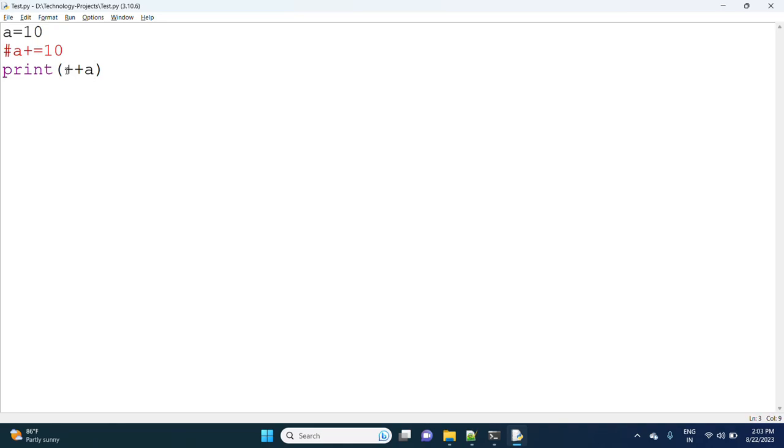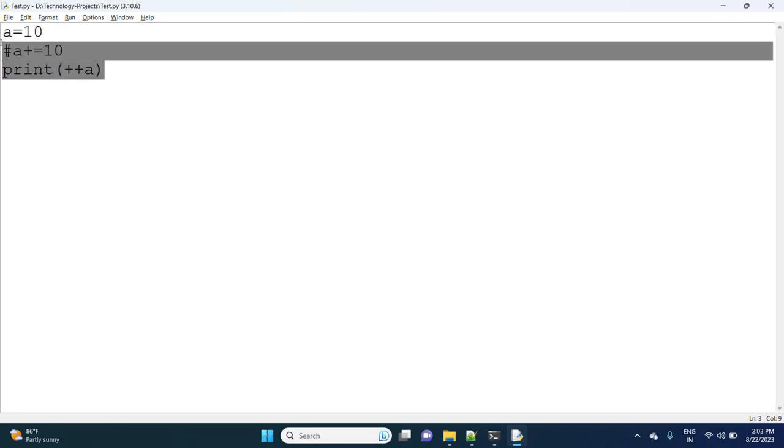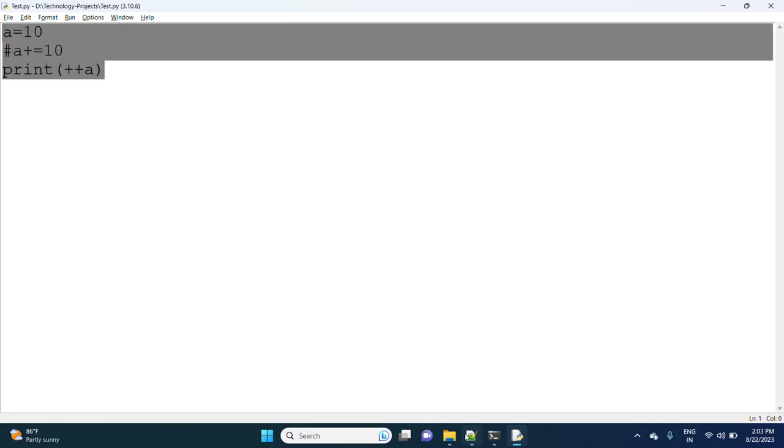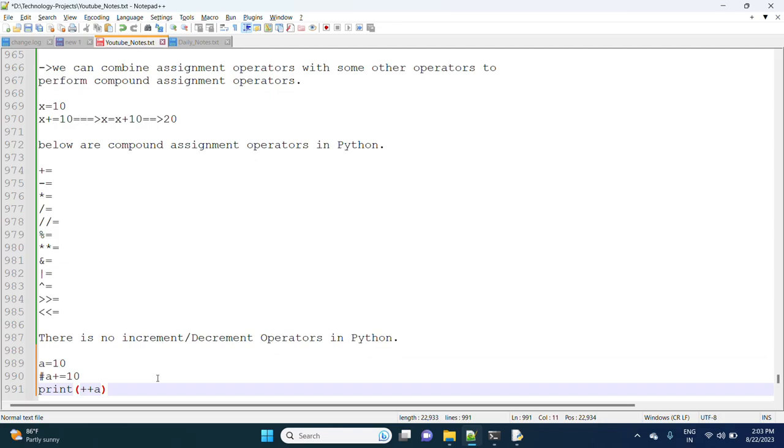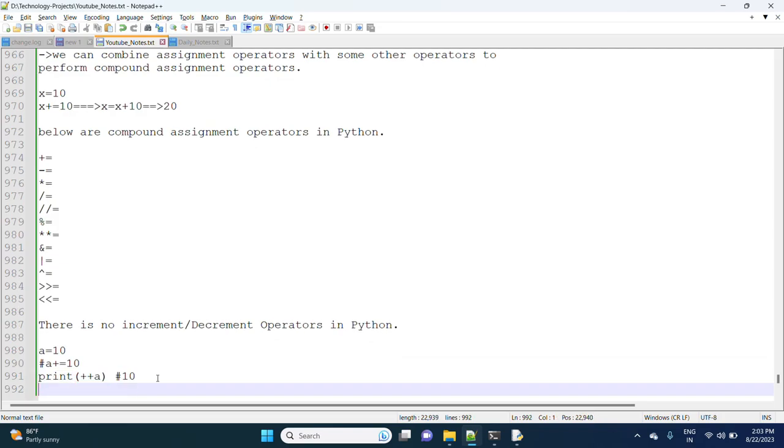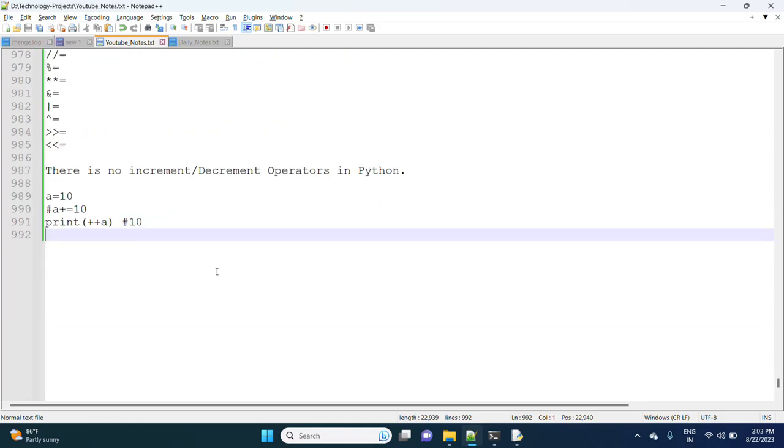But these are not applicable in Python. Increment or decrement is not applicable. Whichever way you take it, it will give the same result, or if you take post-increment it is going to give an error. The result is 10 only. Clear, right?